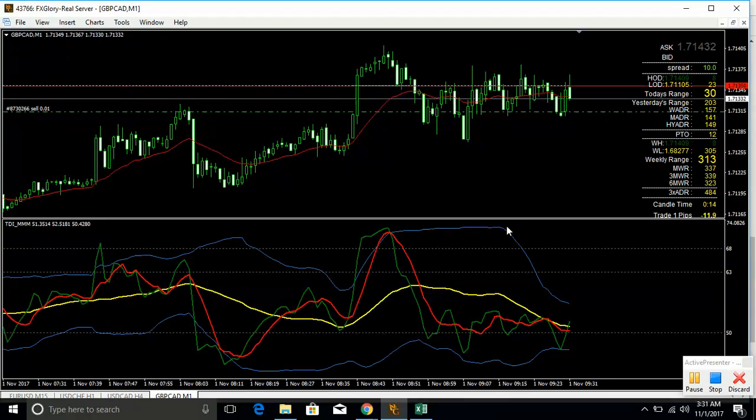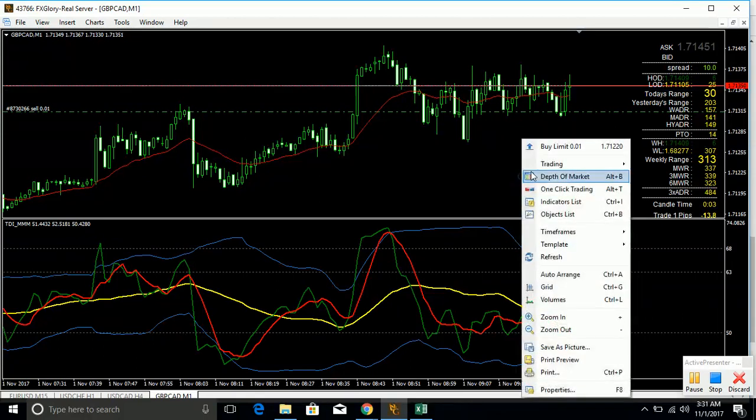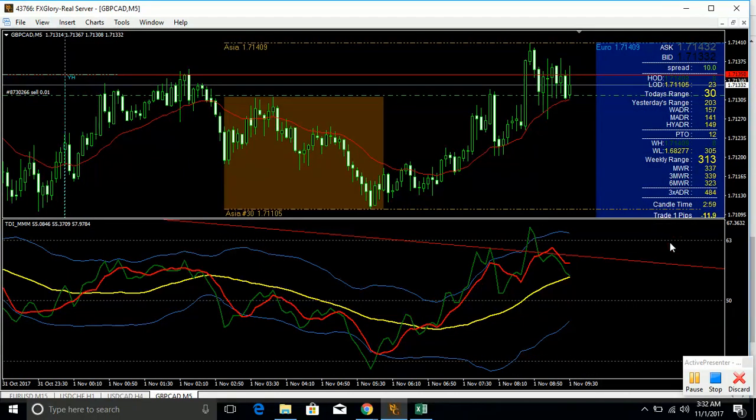Here's the 1-minute chart of the pound CAD that we're looking at. Let's now look at that 5-minute chart.